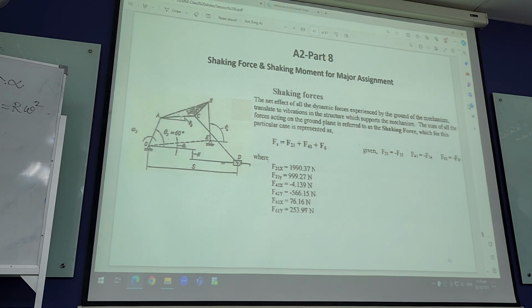We need to write just a few comments on the balancing of the mechanism given to you. To do that, you can just Google online and reproduce whatever you get, but you need to touch upon what type of balancing mechanism you will apply or suggest using. That is half a page you can write.